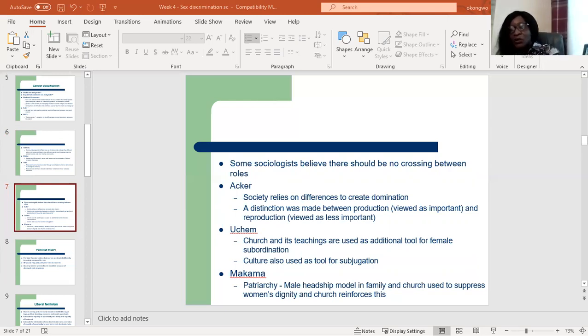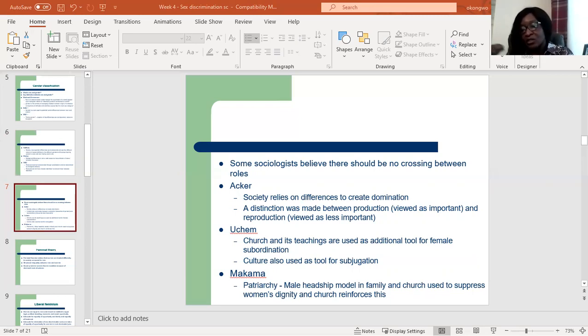Then Uchem introduced another element to this. She said that the church and its teachings are used as an additional tool for female subordination. Religion has acted as an effective tool to subordinate women in African societies. In addition to religion, culture is also used in African societies as a tool to subjugate women.